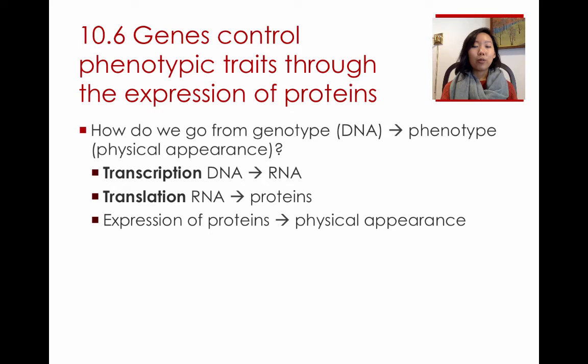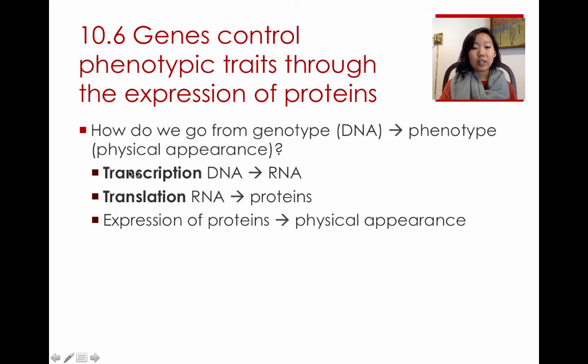Okay, so we've talked about genotypes and phenotypes, but how do we get from one to the other? How do we go from having the genotype, which is the DNA, to actually having the physical appearance of an organism? There are two main parts of that.